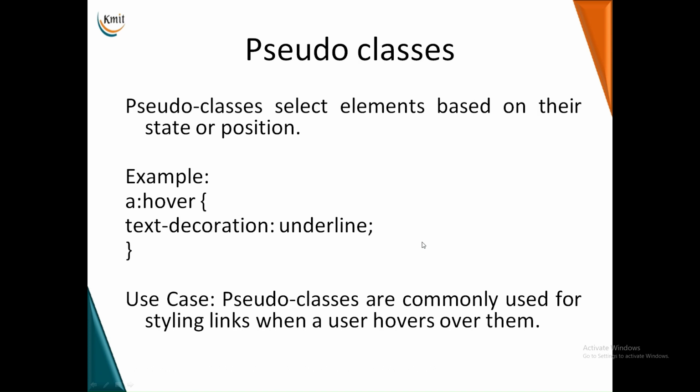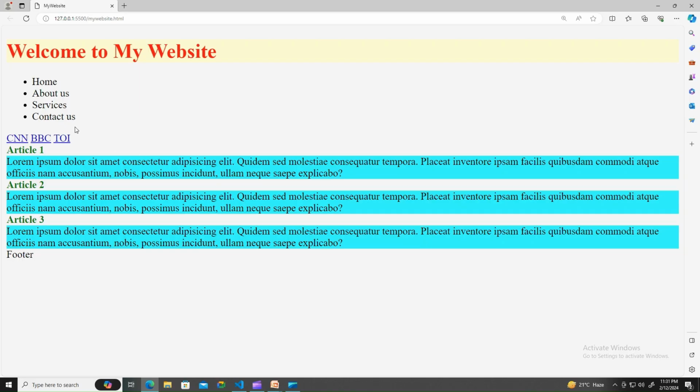On a similar note, pseudo classes. You'll be seeing this whenever you hover on buttons or hover on links. This kind of pseudo class comes in handy. How do I do that? Do you see this? Usually these are the links. I have linked to a particular website, CNN.